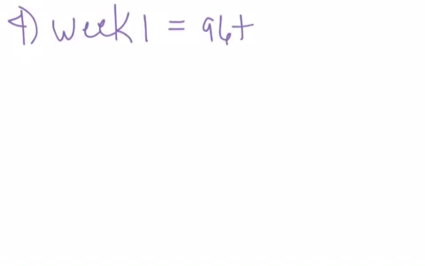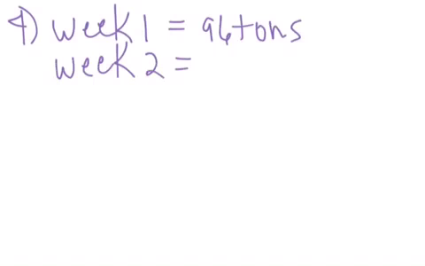Then number 4 says, during which week was the average load the greatest? Now we're going to add up the weeks. So week 1 is 40 plus 32 plus 24, which is 96 tons. Week 2 is 40 plus 40 plus 32, which is 112 tons.